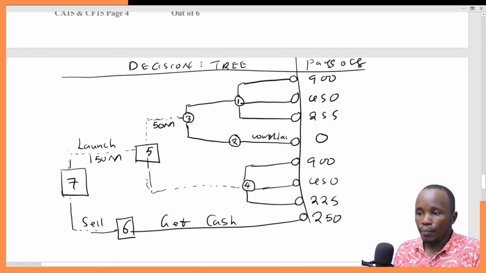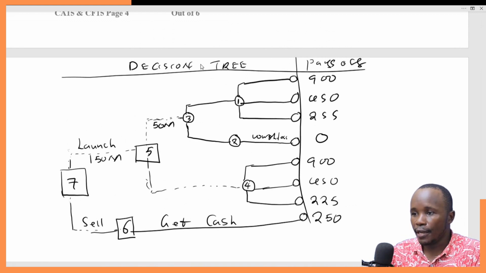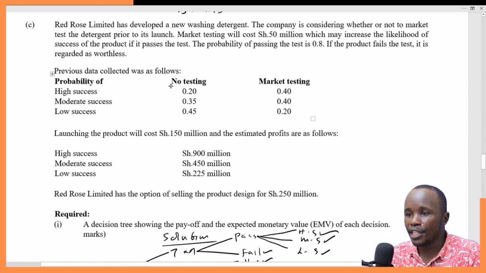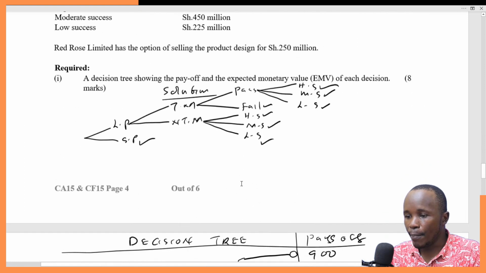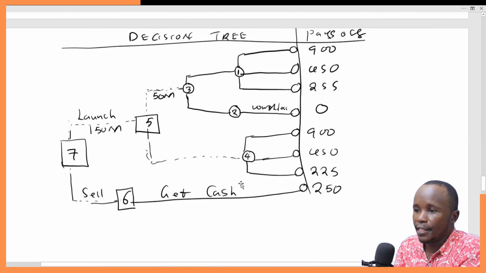Now, let's go to our probabilities. You go back to the question here. Let's fix our probabilities. You have been given probabilities of testing and not testing the market, and the probability of market testing. So, in our payoffs here, not testing the market and testing the market.